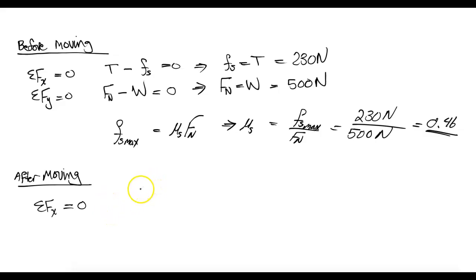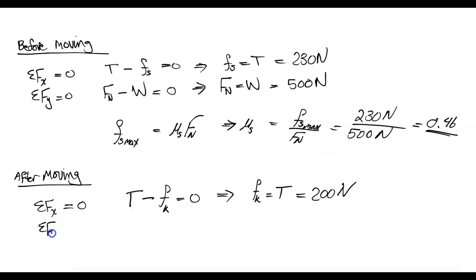This will give us that the tension minus the kinetic friction force equals 0, which implies that the kinetic friction force is the tension, and notice now the tension is no longer 230 but just 200.